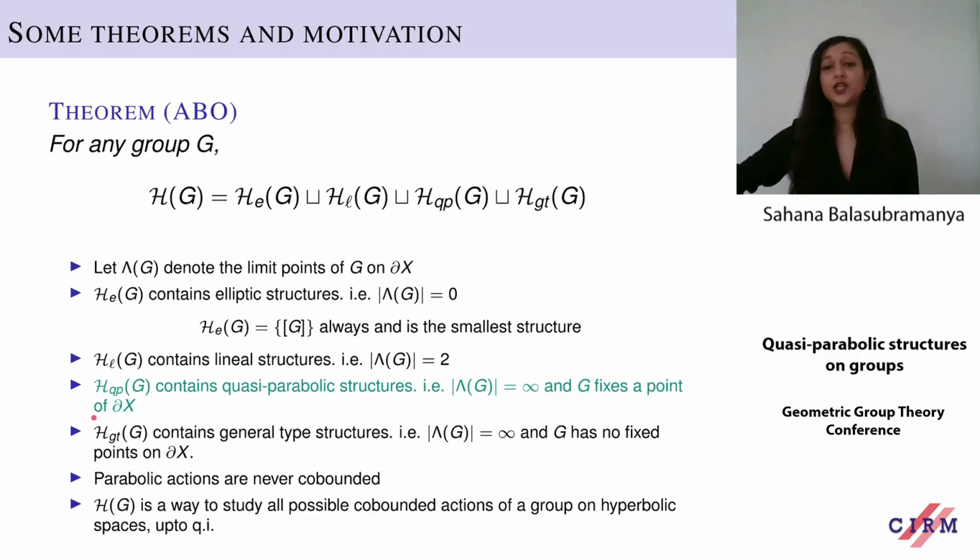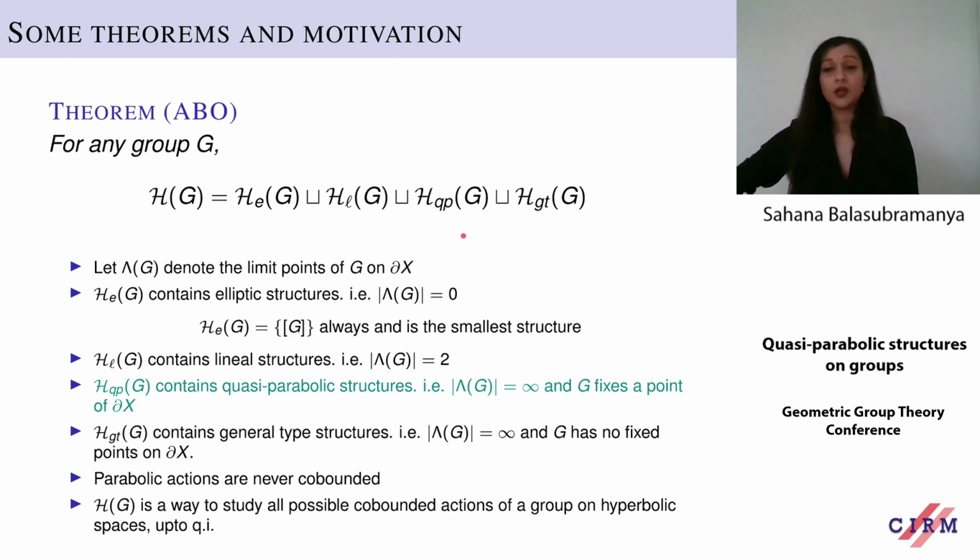And that brings me to HQ of P, which is the POSET containing the quasi-parabolic structures. And the reason I'm particularly interested in them is because in our joint work with Dennis and Carolyn, we could say a lot of things about lineal structures and general type structures, but there were not a lot of things that we could say about HQP of G. And that's why my interest lies in this POSET.